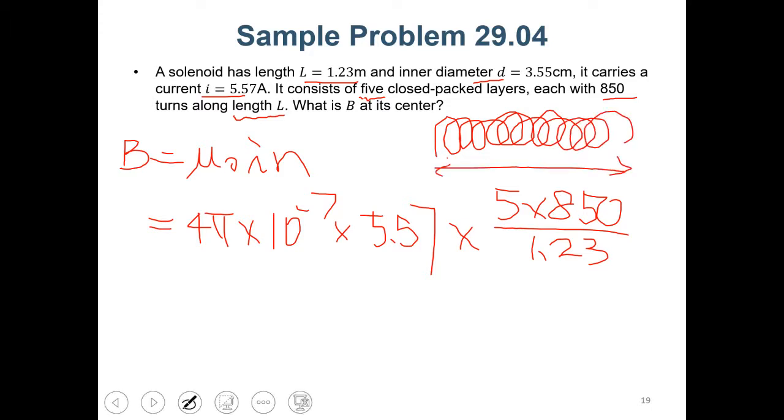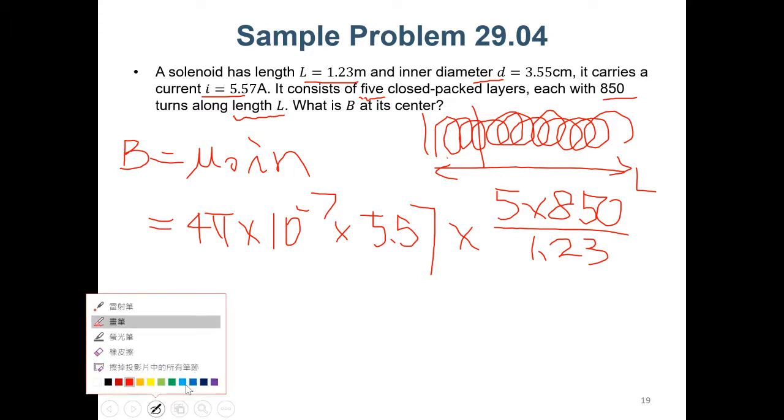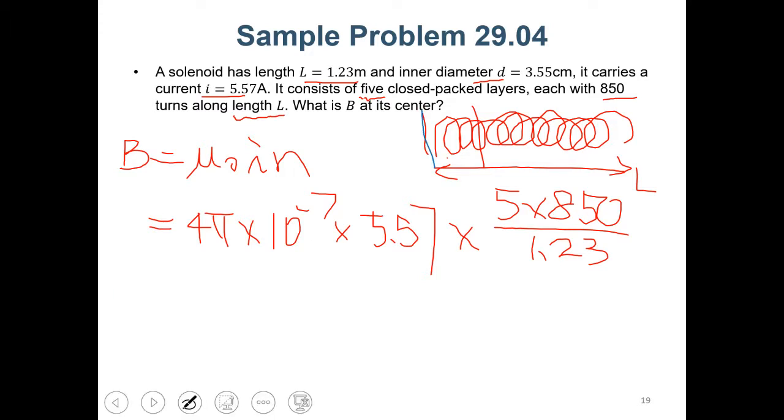This is L, and it consists of 5 packs. Each of them has 850 turns per L.